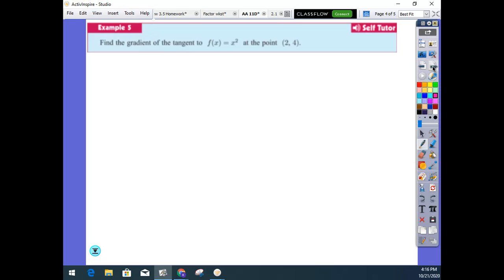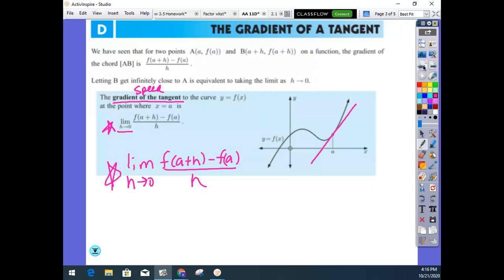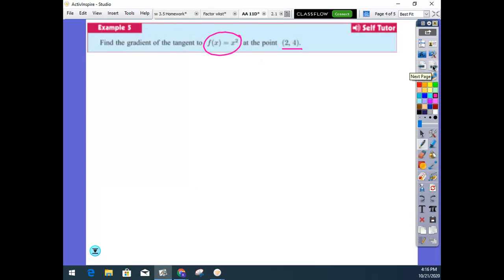All right. So our equation is f of x equals x squared at the point 2, 4. So what we're going to do is use this formula. We're going to do the limit as h approaches 0 of f of a plus h minus f of a all over h.